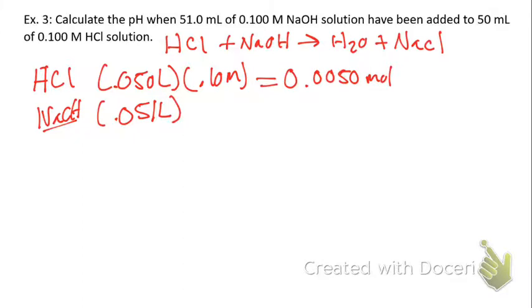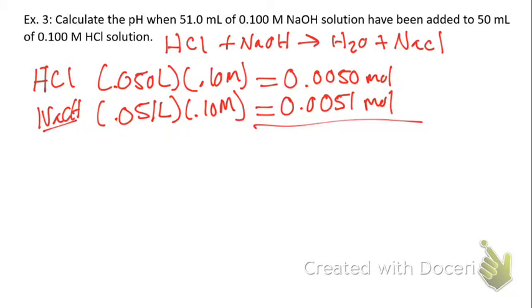So we would assume that our pH is probably going to be greater than 7 since we've overshot the equivalence point. We now should have more base than we have acid, indicated by the number of moles.